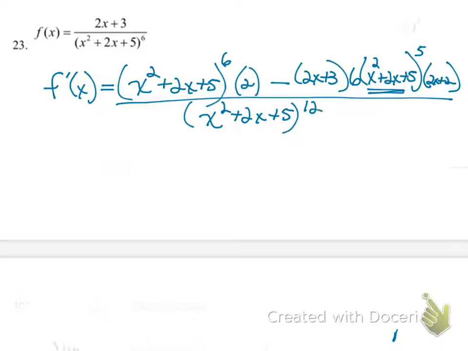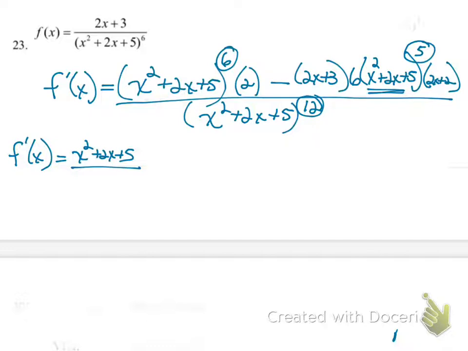Okay, so now I want you to look. I have a power of 5, a power of 6, a power of 12. The highest power they have in common will be the 5. So therefore, what I'm really doing is factoring out the x squared plus 2x plus 5 to the 5th power in the numerator and in the denominator.